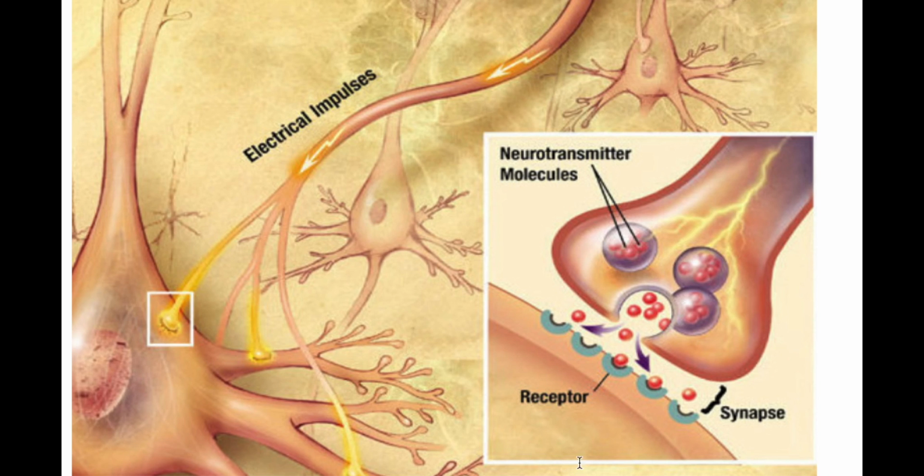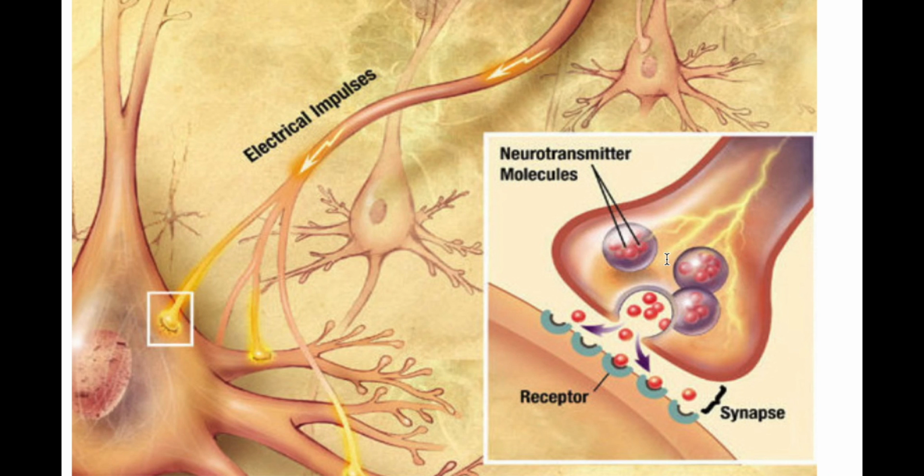And then this is the receptor neuron or the postsynaptic neuron, which is going to be receiving that impulse and then moving along. So the nerve impulse comes to a point where there is a need to transfer that nerve impulse to the other neuron. And how does that happen?